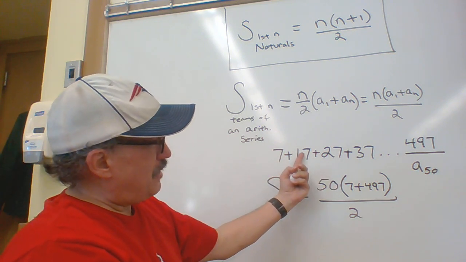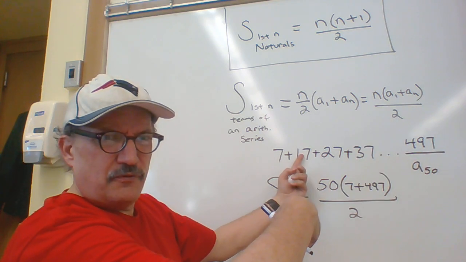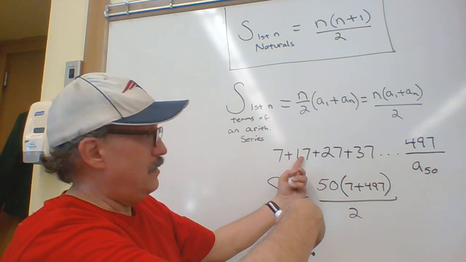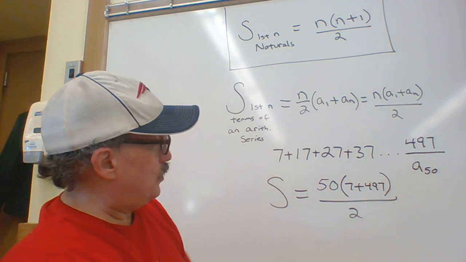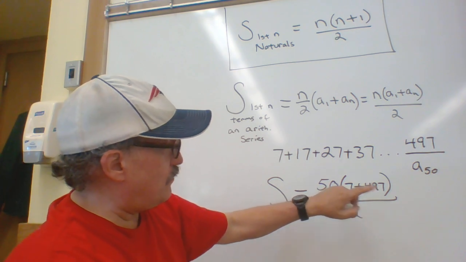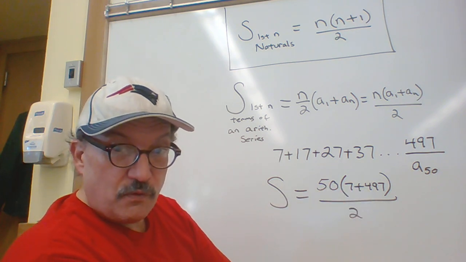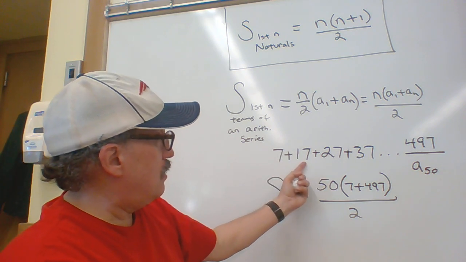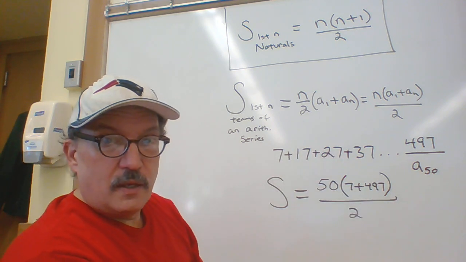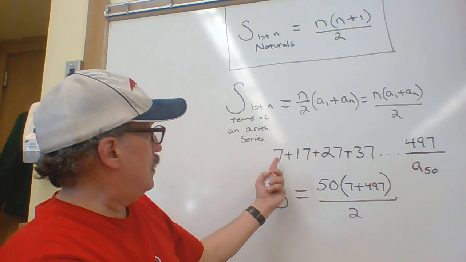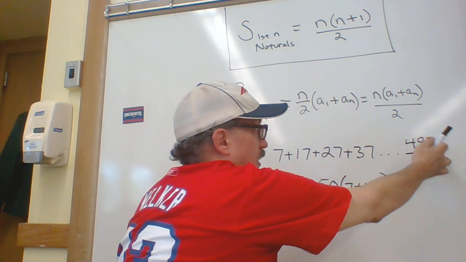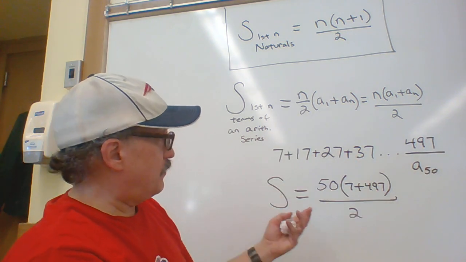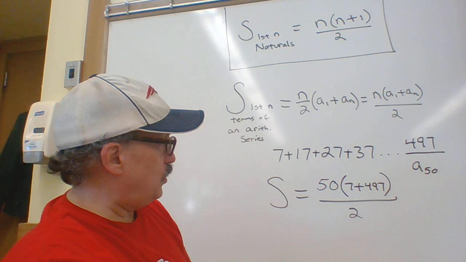You're going to be adding a 17 to 487. And they're all going to add up to 504, since 7 plus 497 is 504, right? You're going to get it here, here, the whole way, eventually to the point where you'll be adding 497 plus 7 again, when you reverse the order and add term for term. But of course, we only want one of them, so we divide by 2.